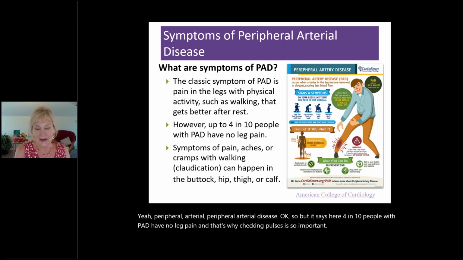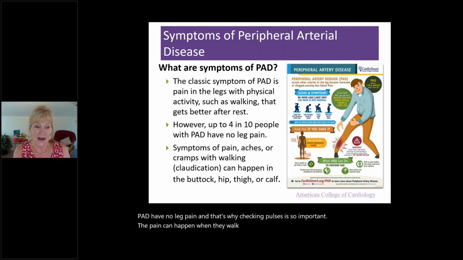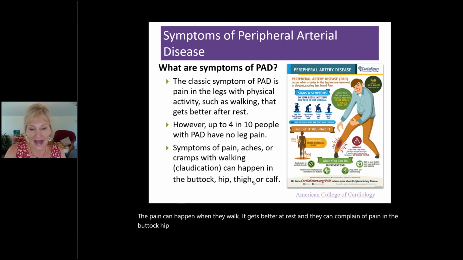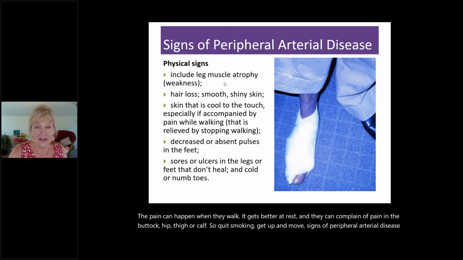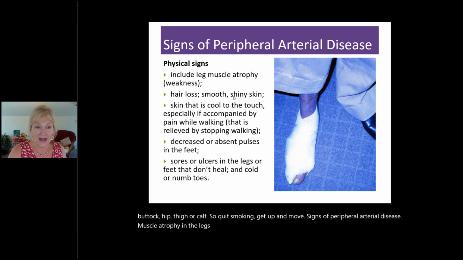The pain can happen when they walk, it gets better at rest, and they can complain of pain in the buttock, hip, thigh, or calf. So quit smoking, get up and move. Signs of peripheral arterial disease: muscle atrophy in the legs, hair loss, smooth, shiny skin. This gentleman who I showed you earlier who had the partial foot amputation definitely has peripheral arterial disease.